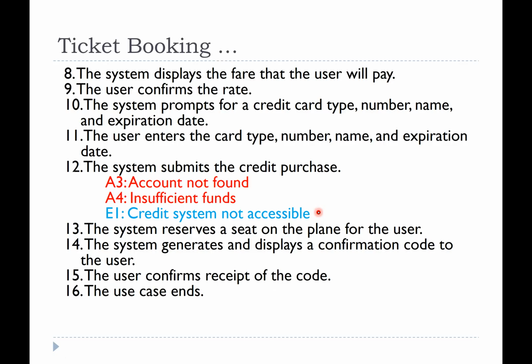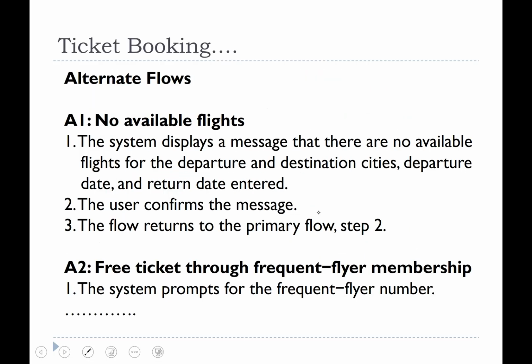So it's a little bit off of the situation. All right. And then this is what you do in case the credit card system is not accessible. So I'm going to have an extension use case outside. This is where it comes in and plugs in that extension behavior in that area where I have the extension point E. It's like the vending machine situation, all right?